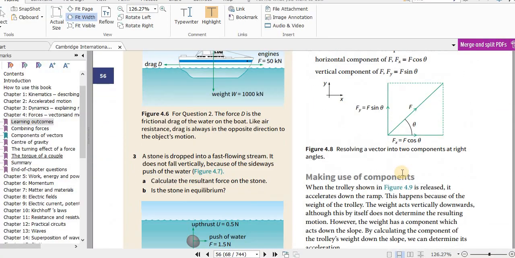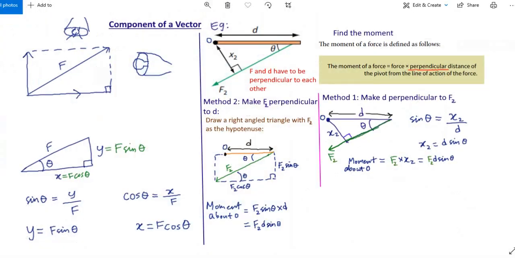So let's say we have this force, and let's say this is the x-axis direction, or the horizontal direction. Then perpendicular to the x-axis direction, you have the y-axis. So remember, the angle between this arrow and this arrow is 90 degrees. If you take the component of that force this way, then you take the component of this force the other way.